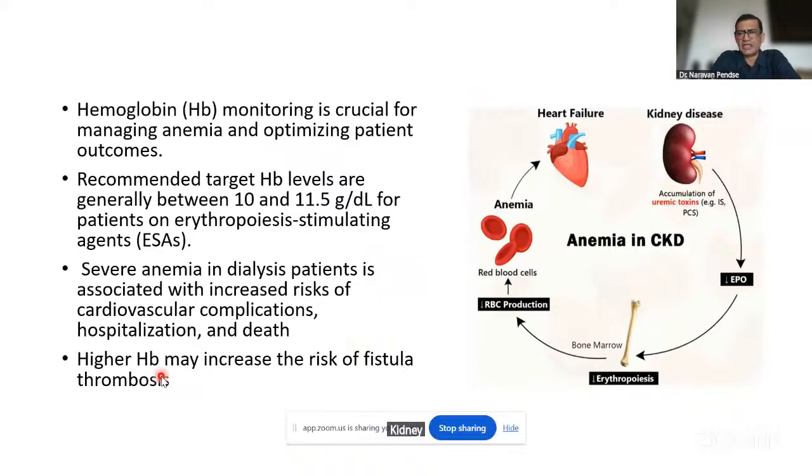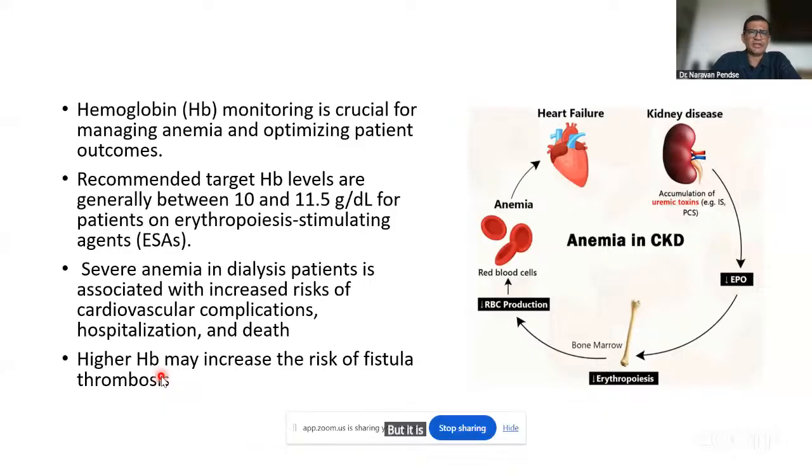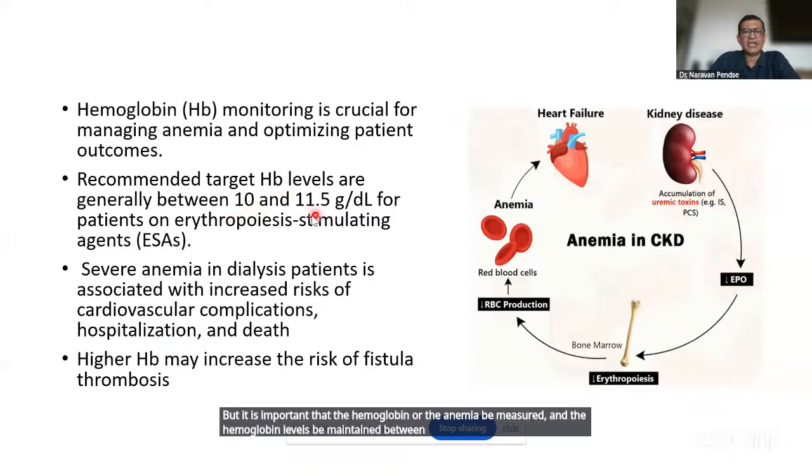Now, anemia itself is common in chronic kidney disease due to various pathophysiological reasons. But it is important that the hemoglobin or the anemia be measured and the hemoglobin levels be maintained between, say, 10 to 11 or 10 to 12 gram per deciliter. Why is this important?